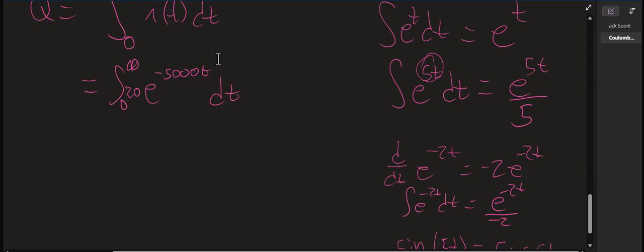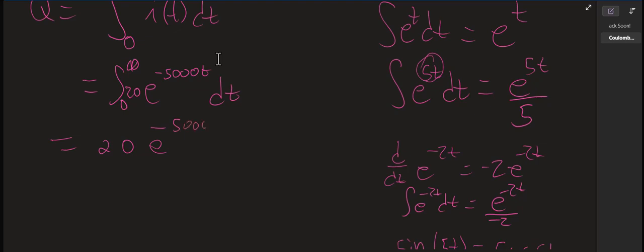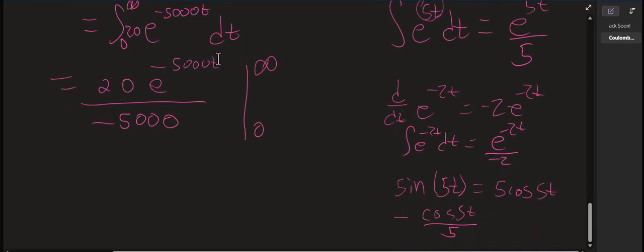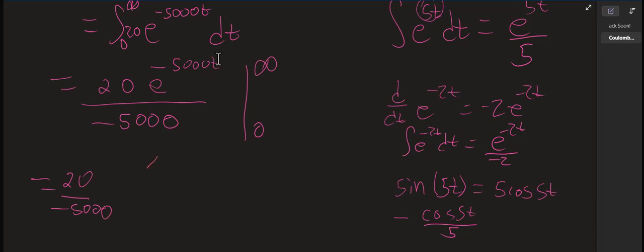So what I'm going to get when I integrate this is 20 e to the negative 5,000t over negative 5,000, from 0 to infinity. So I'll take 20 over negative 5,000 outside, and on the inside I get e to the negative infinity minus e to the 0.